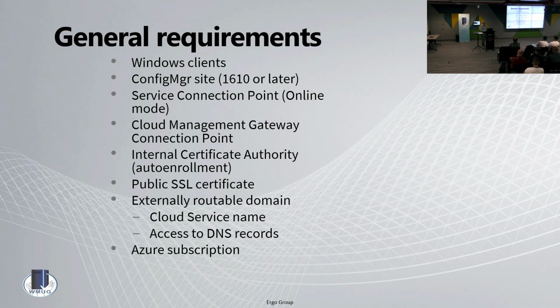In conjunction with that, you'll need to have an externally routable domain. And we're going to use this in conjunction with our cloud service name. So why is that? When you create a CMG, you're essentially creating a cloud service in Azure. And these cloud services are called something like gerryhampson.cloudapp.net.